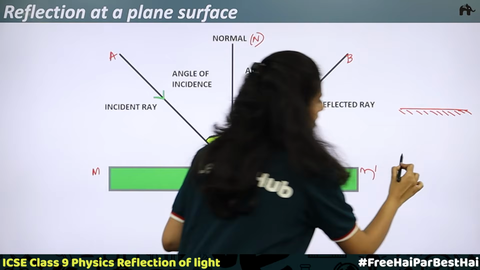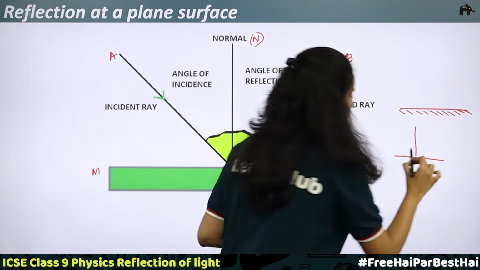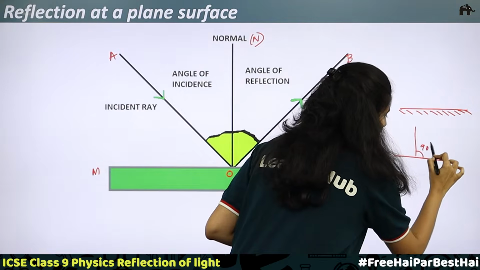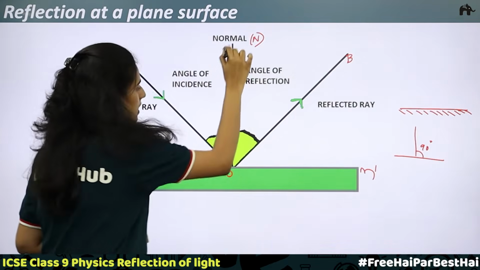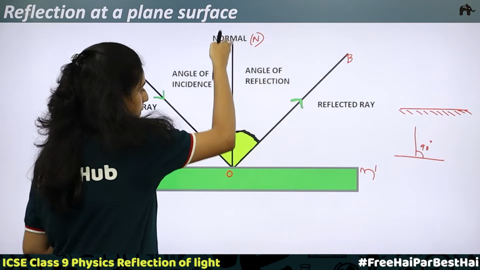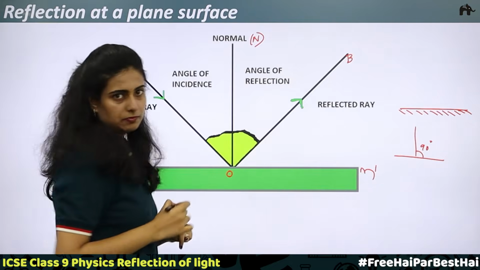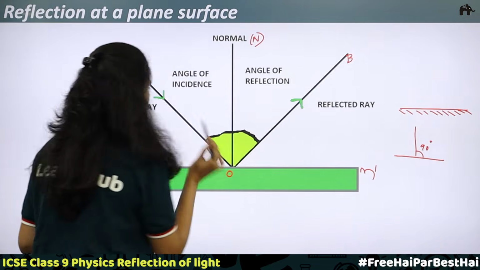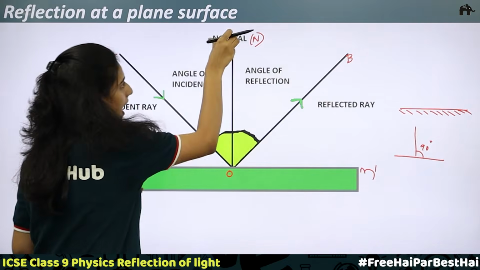What is a perpendicular? A line which makes an angle of 90 degrees with the surface is called a perpendicular or normal. This perpendicular line we call the normal. The normal is ON.